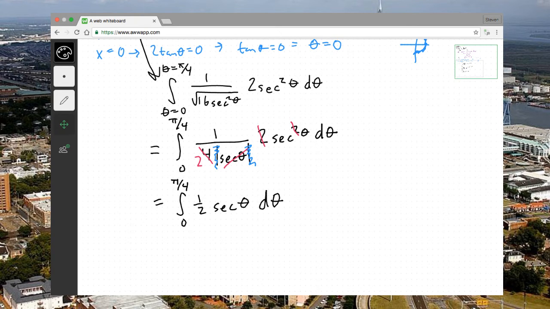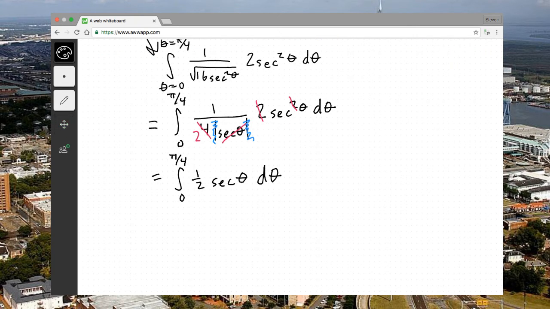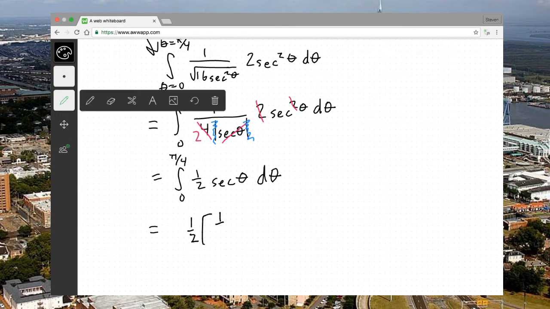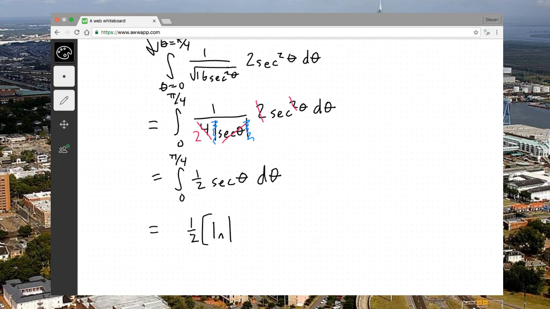Now to integrate this, we just need to use the formula for the integral of secant, and that formula is the natural log, absolute value, secant plus tangent.